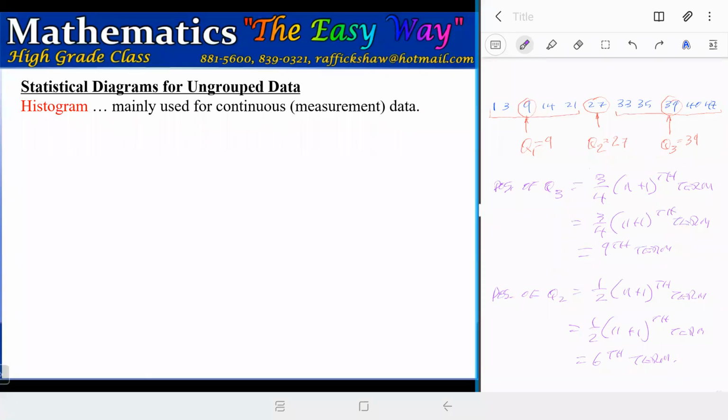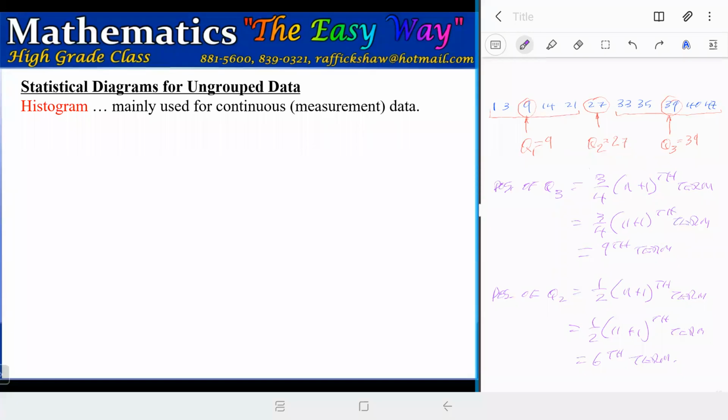Because what happens is that the data continues from one group, from one data value to the next. When we start with the grouped data, it will be more glaring to explain why we can use a histogram. Remember, continuous data is measurement data. And measurement data, you tend to draw a histogram.